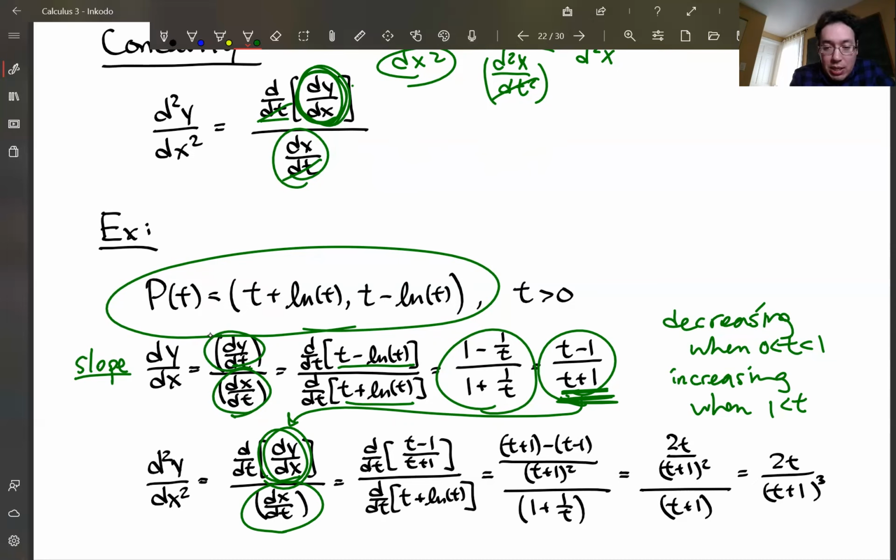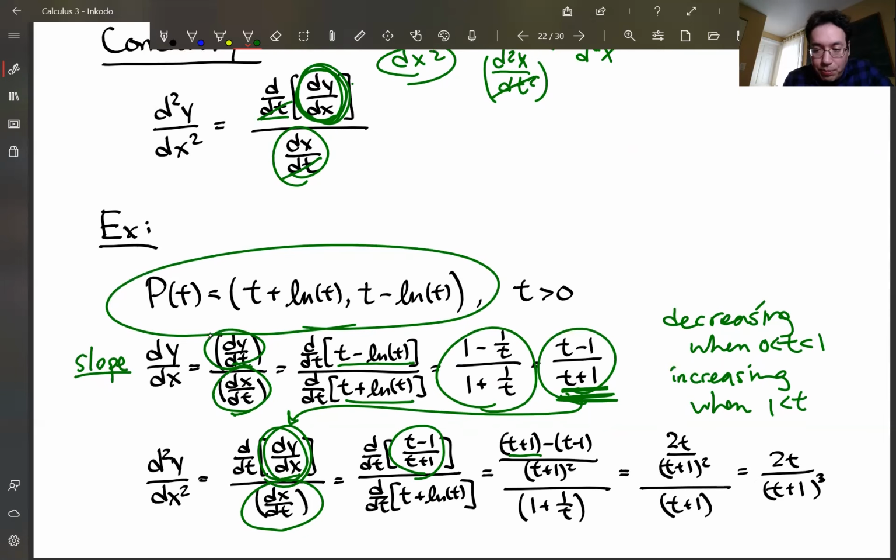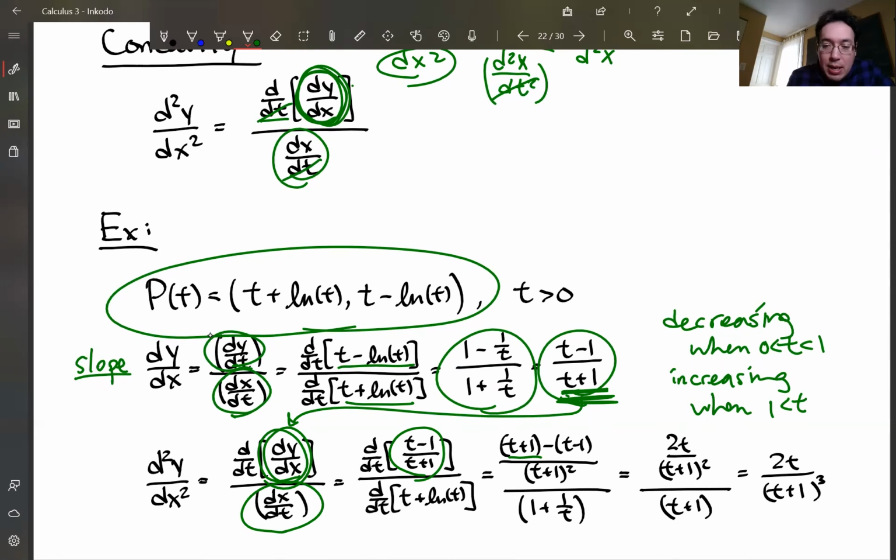So, okay, in the numerator, that's what we take the derivative of, and we'll use the quotient rule for this. So the denominator times the derivative of the top is 1, minus the top times the derivative of the bottom is 1, over the square of the bottom. The derivative of the denominator we've already computed. That was the derivative of the x component.